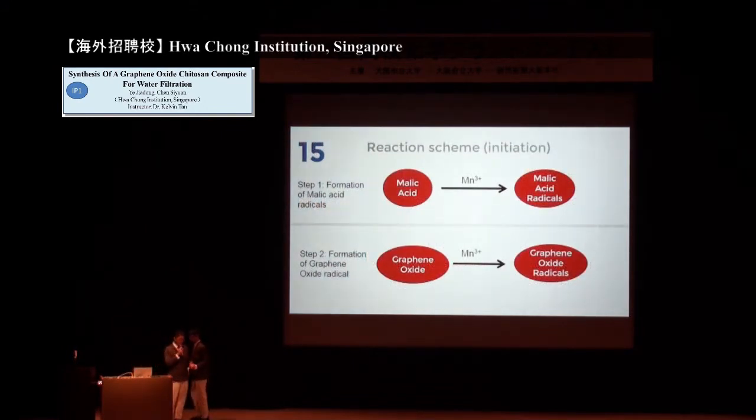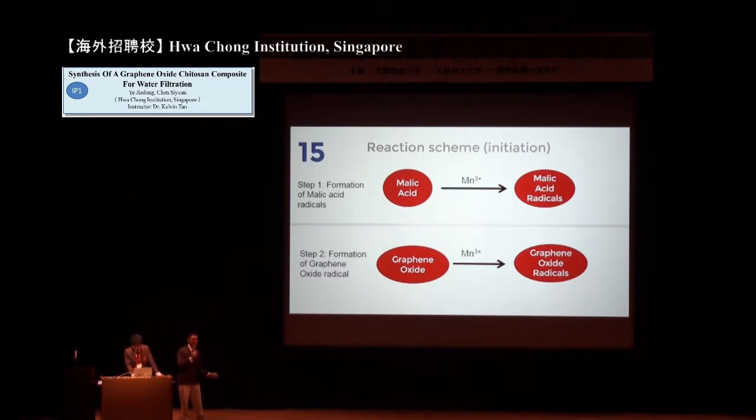And so we will move on to our reaction scheme. The first step involves free radical initiation. As you can see, there is the formation of malic acid radicals. What we want to do is form malic acid free radicals from malic acid.